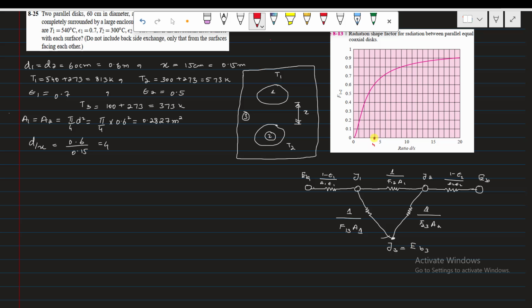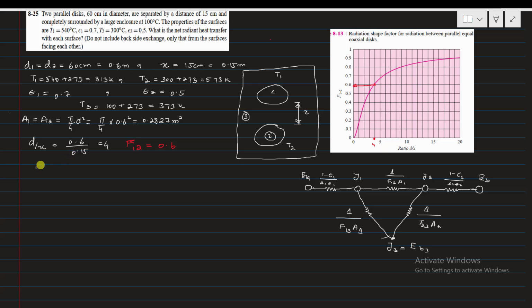So if you move upward, this value 4 coincides with this curve at this point, so you will get the corresponding shape factor, that is 0.6. So our shape factor F12 is 0.6. From this graph, with the help of this ratio, we can find the shape factor between these two discs.